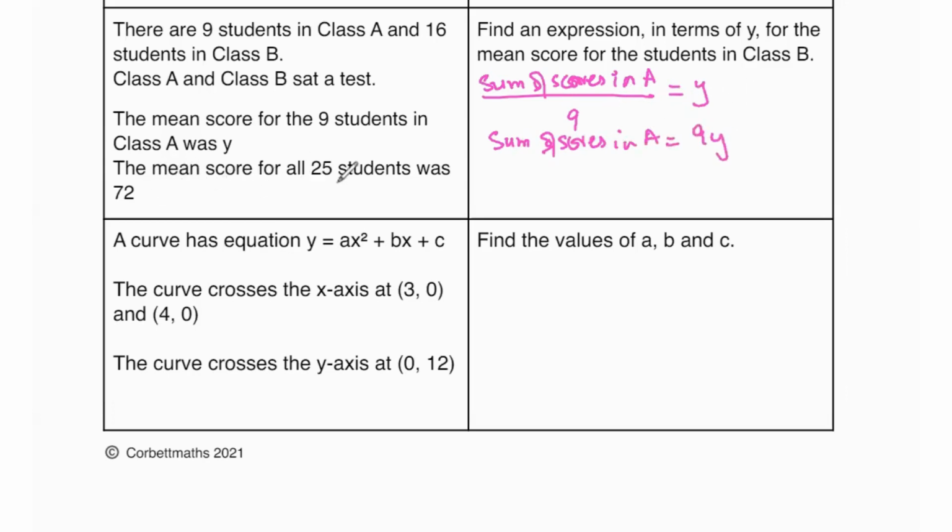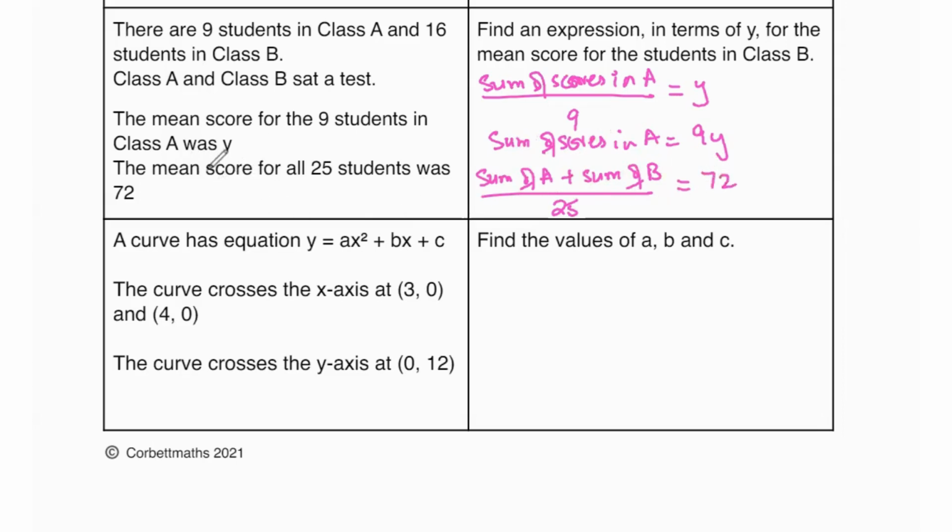Now we know the mean score for all 25 students was 72. So sum of A plus sum of B divided by 25, because 9 plus 16 is 25, and the total mean is 72.